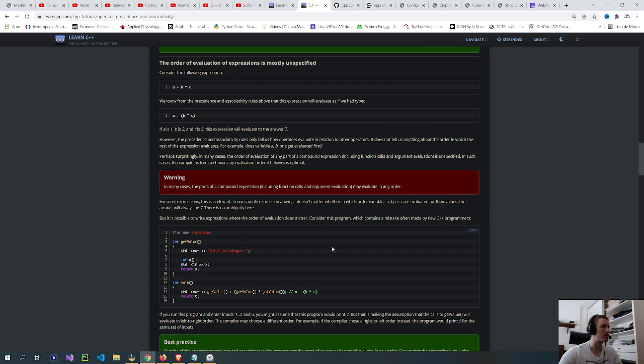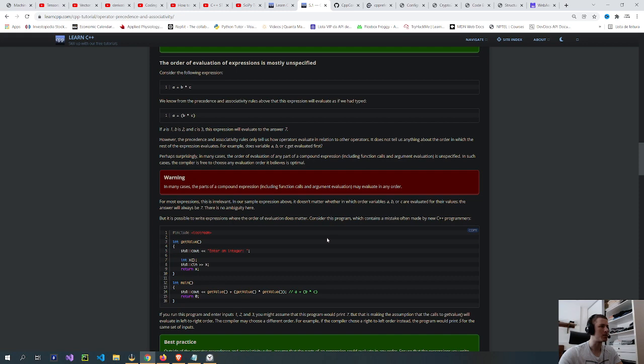However, the precedence and associativity rules only tell us how operators evaluate in relation to other operators. They do not tell us anything about the order in which the rest of the expression evaluates. For example, does variable a, b, or c get evaluated first?